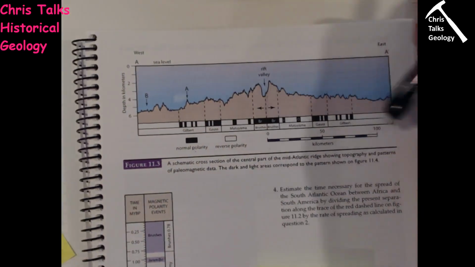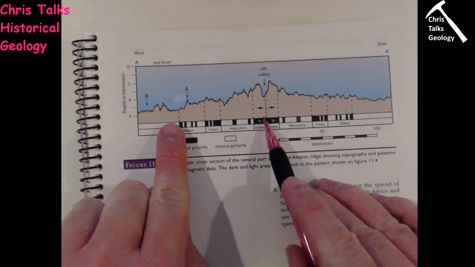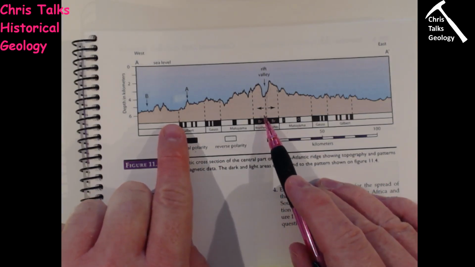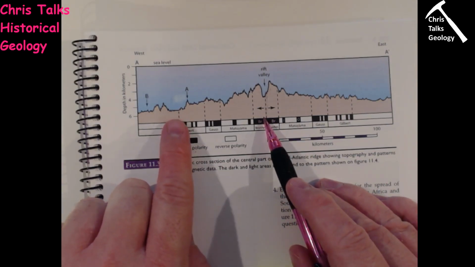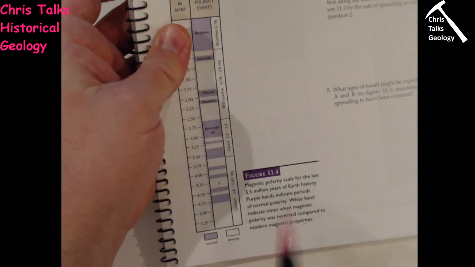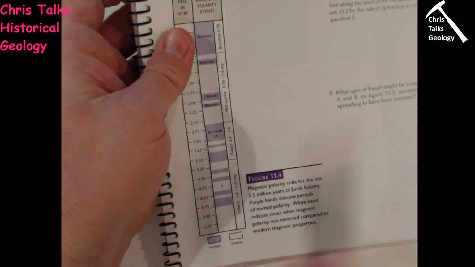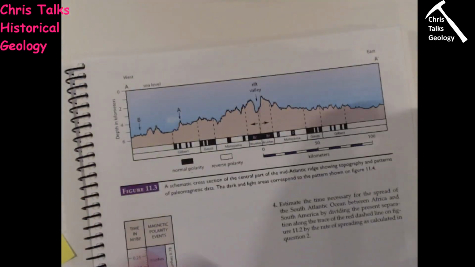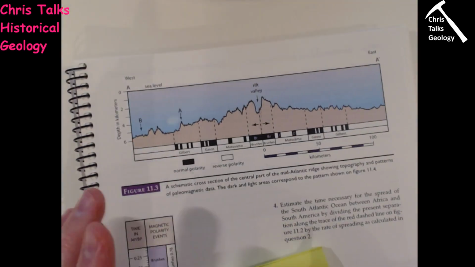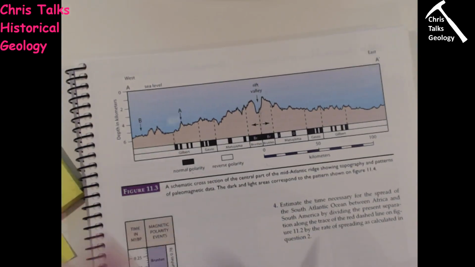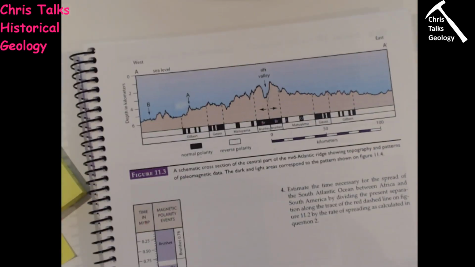So what we're doing now is we're taking the distance from here to here. We're taking the age of the rock of the Gilbert Formation here, which we've lifted off the diagram. And the distance has been converted into centimeters, and we've converted the age into years. Once we have those two values, it's a relatively simple calculation.